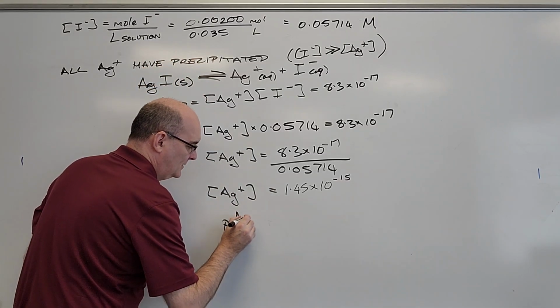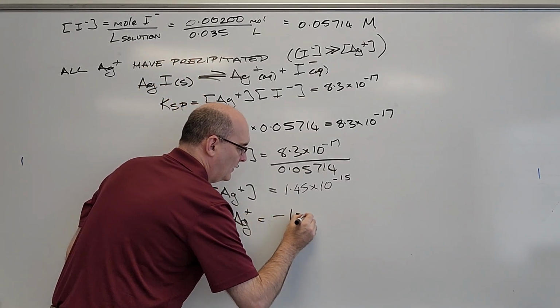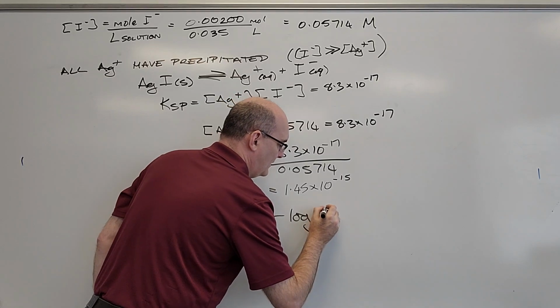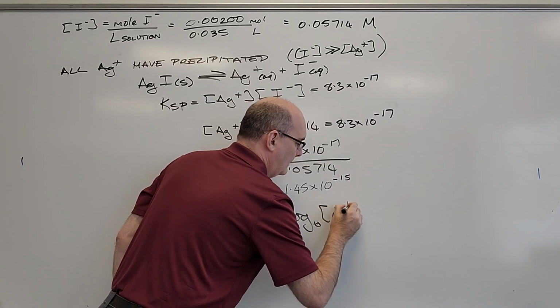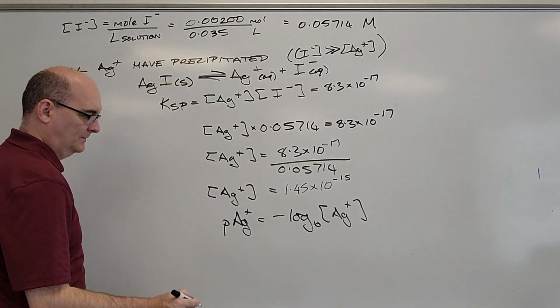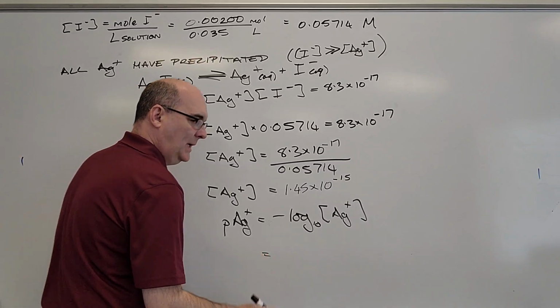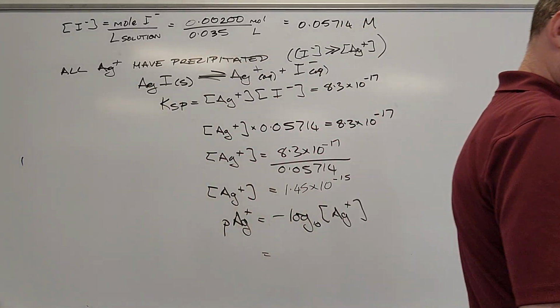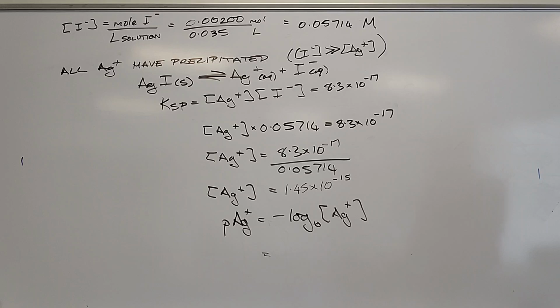Your pAg is the negative log to the base 10 of your Ag concentration. And pAg equals, you don't have a calculator.